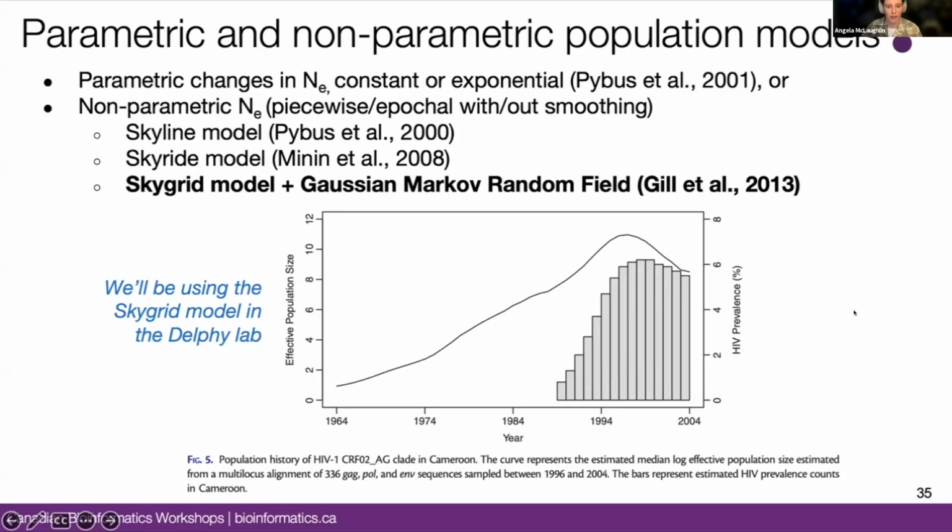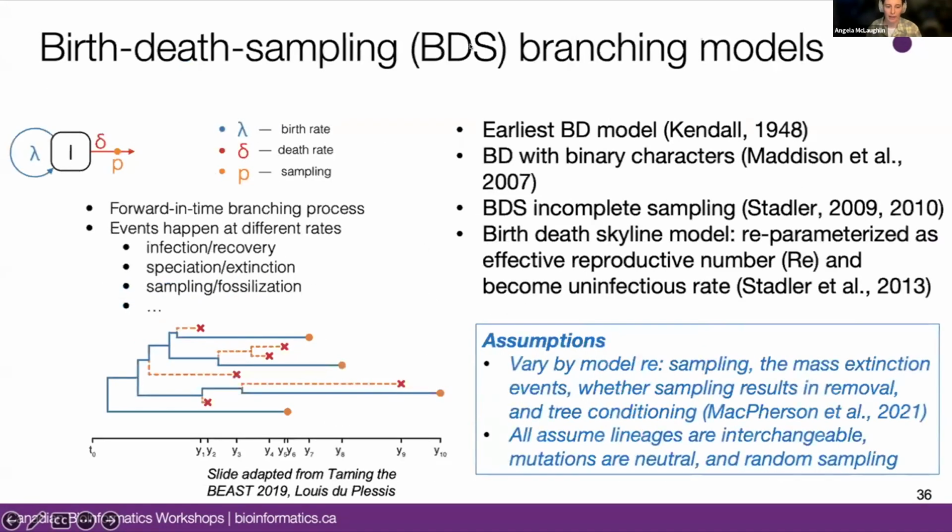2013. All right. Okay, let's discuss birth death sampling models a little bit, and then we can set these aside. This was the other type of population model, where we're looking at a branching process forward in time. In a birth death sampling model, you can think of birth as being infection, or speciation if you're looking at a macroevolutionary tree, and then the death rate.